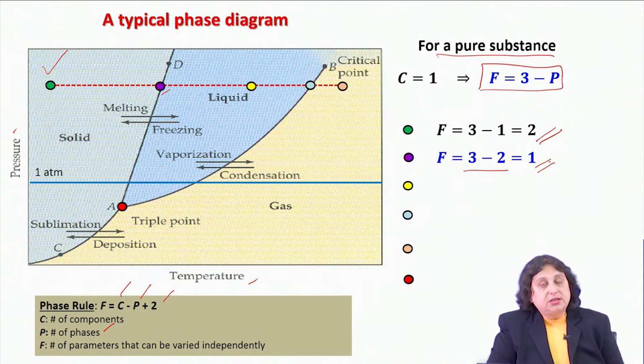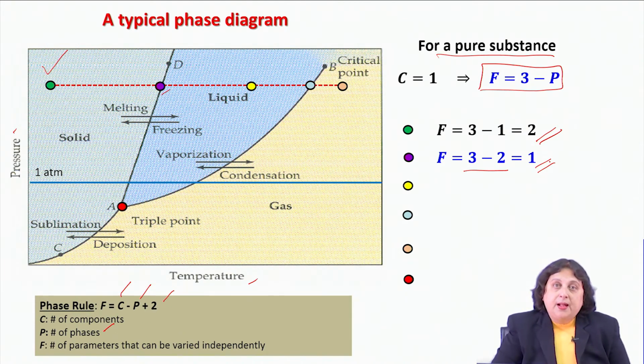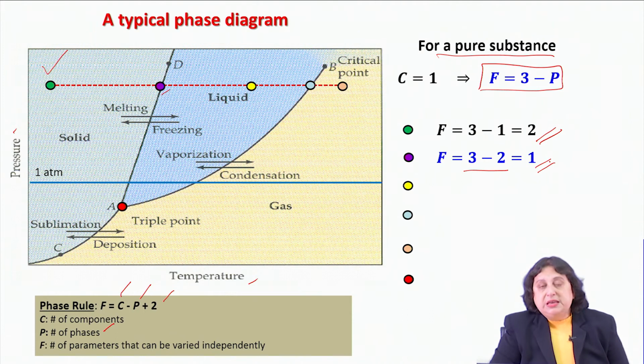Therefore, under the condition where I have two phases coexisting in equilibrium, I can vary only one parameter, which means that I cannot independently vary both temperature and pressure now if I want to have both the phases in equilibrium.